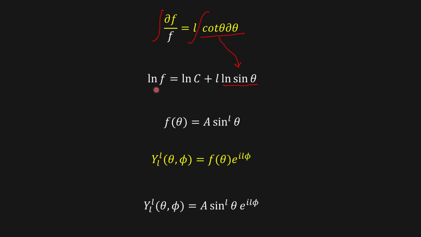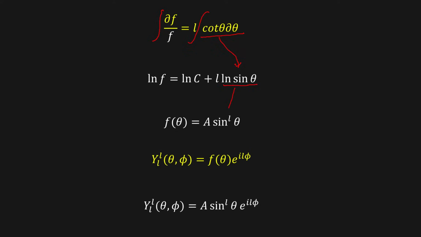So now if you take exponential both sides, if you take exponential of this one, then you will get f of theta. And the right hand side, this is integral constant, L natural logarithm of c plus L natural logarithm of sine theta.